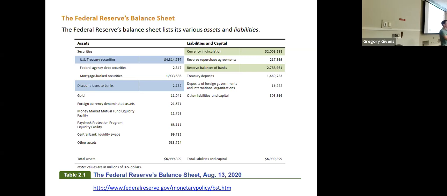Those secondary market actions affect interest rates in those markets and affect reserve balances within the banking system. But they don't deal directly with Treasury in that regard. However, Treasury Department does dump their assets into the Fed. The Fed holds Treasury deposits as a liability.